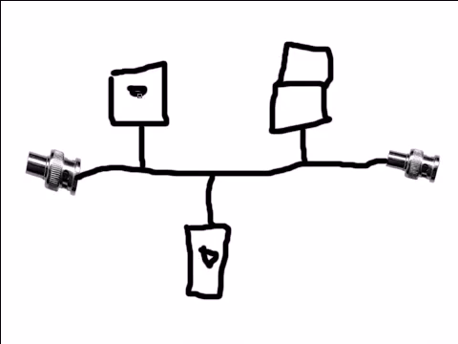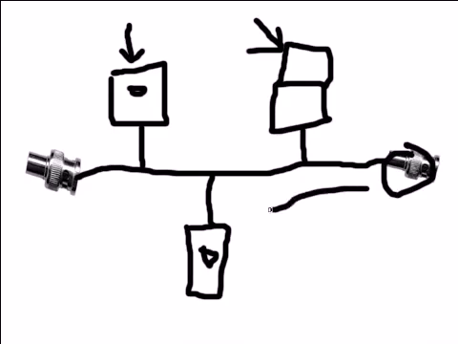So say this computer right here wanted to send data to this laptop. It would have to first travel along here, stop at the server, then keep going and go to the laptop. Then once it gets to this terminator right here, it disappears, so it can't be transmitted back and you don't have a bunch of noise or anything. So that's how that works.